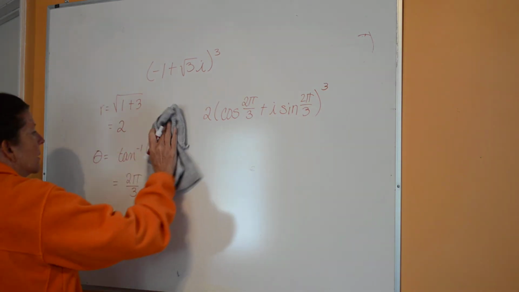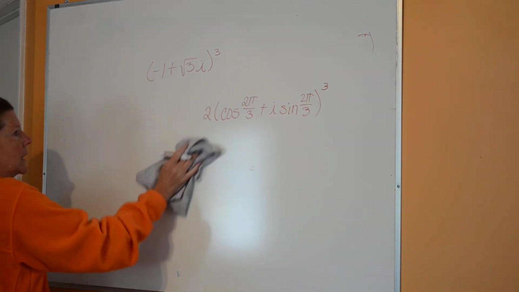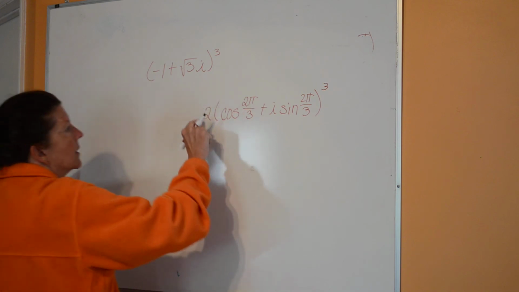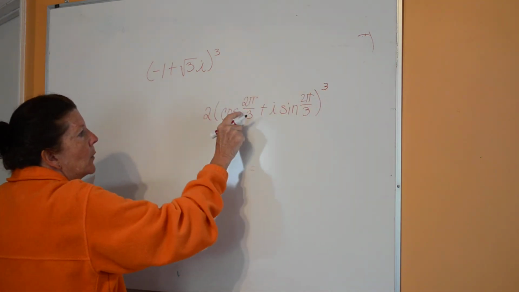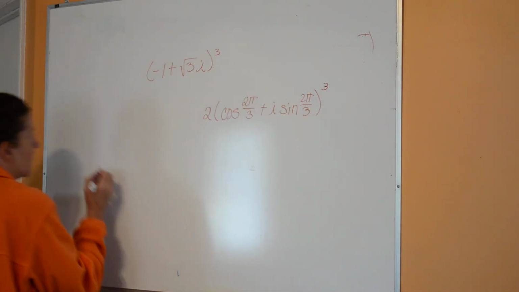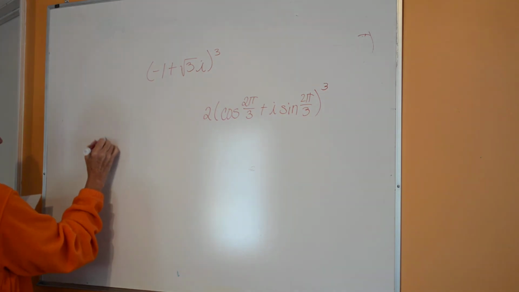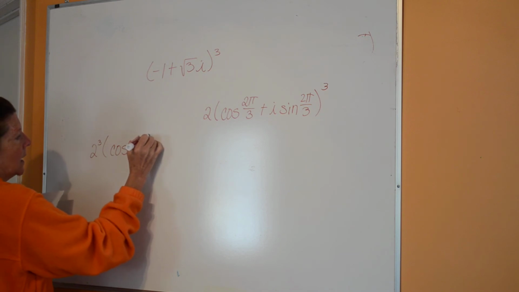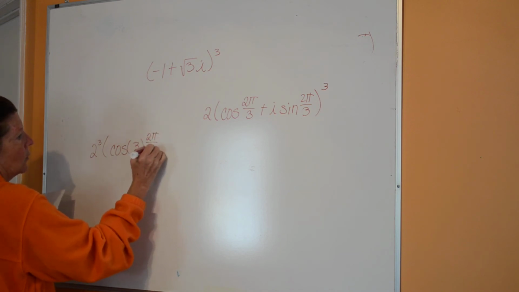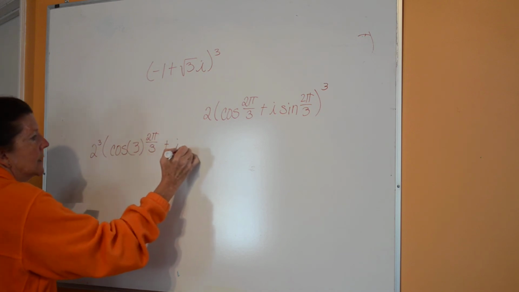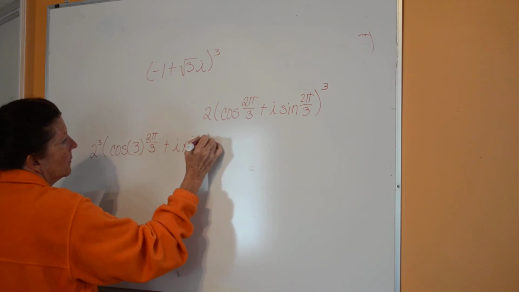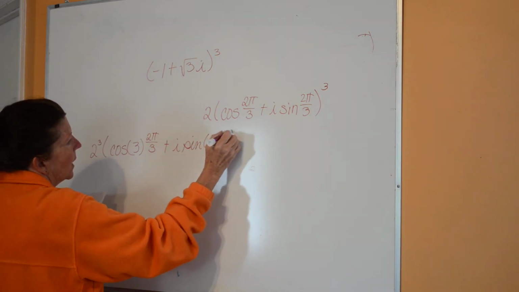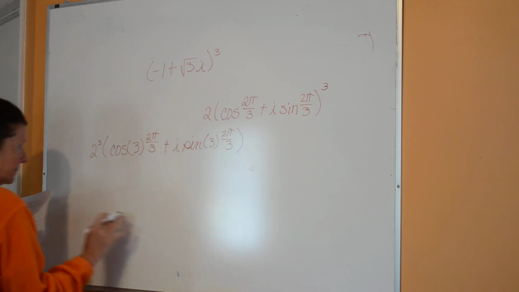All right, the pattern for doing that is I raise the r to that power and I multiply the theta by that power. So I have 2 cubed times the cosine of 3 times 2 pi over 3 plus i times the sine of 3 times 2 pi over 3.